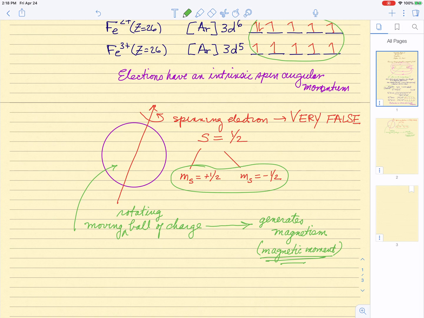So that could be easily destroyed, usually by just heating a mineral like magnetite up. Heating it up will kind of jumble the orientations of the magnetic moments within those domains, and it could lose its magnetism. Okay, so there's your answer.